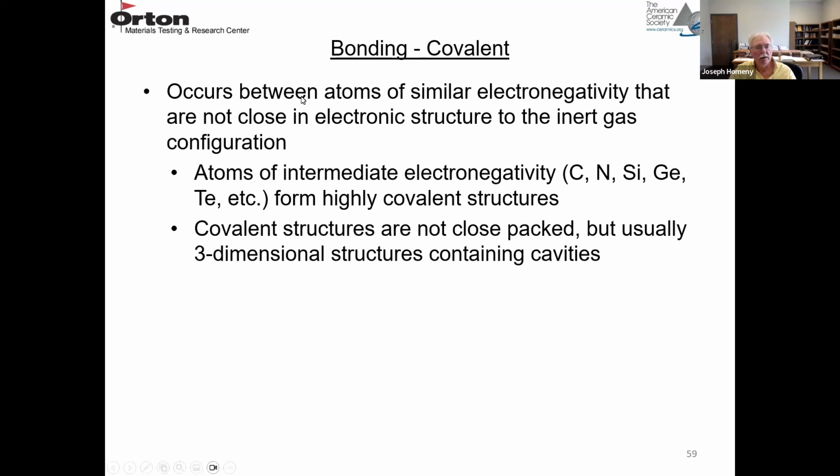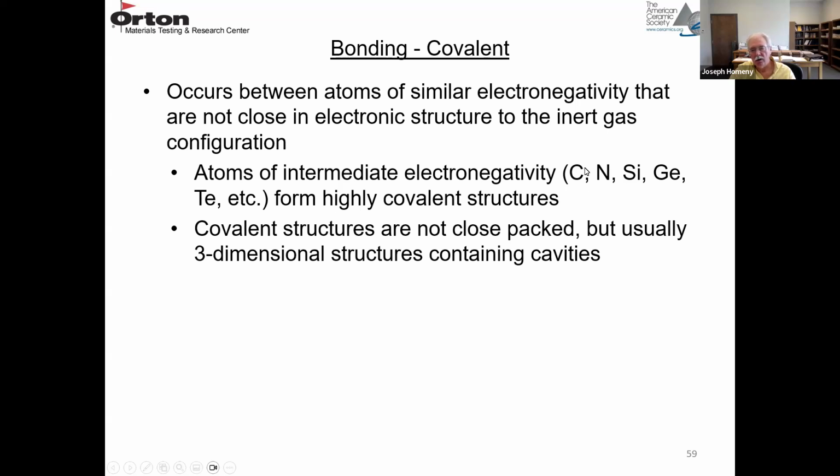So covalent bonding occurs between atoms of similar electronegativity. They're not close in electronic structure to the inert gas configuration. So atoms of intermediate electronegativity, carbon, nitrogen, silicon, germanium, tellurium, these form highly covalent structures.